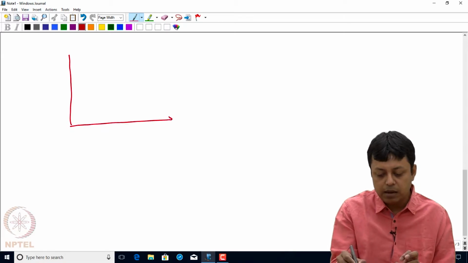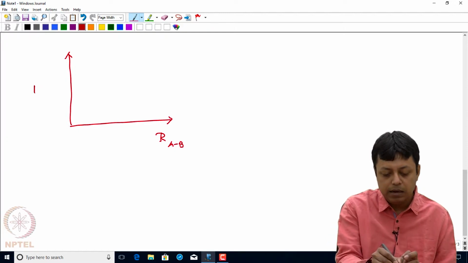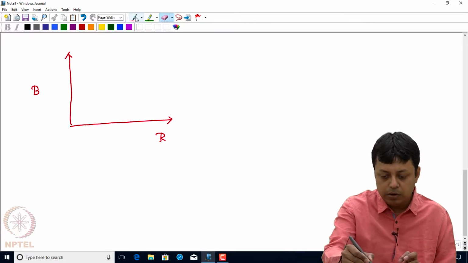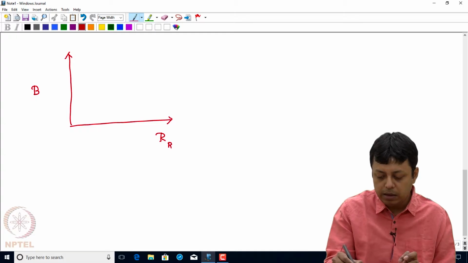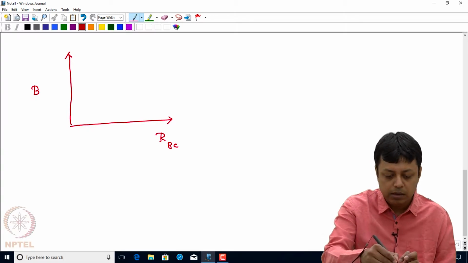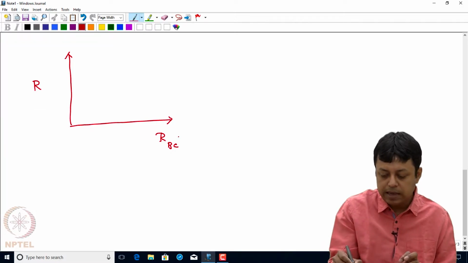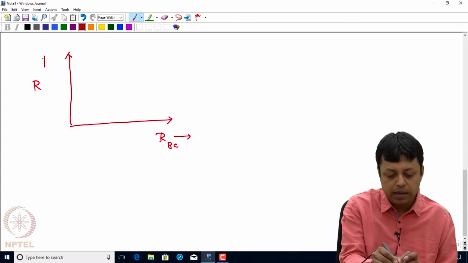Suppose again I am plotting the AB distance along this direction and BC distance along this direction, or maybe we can actually do the reverse. It will be clear why I am doing the reverse. The BC distance we can plot along the x-axis, and along the y-axis I am plotting the AB distance.